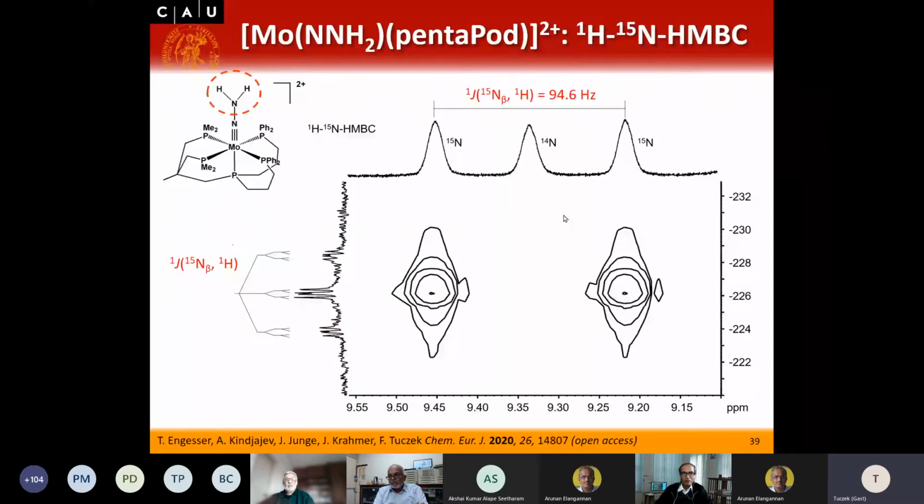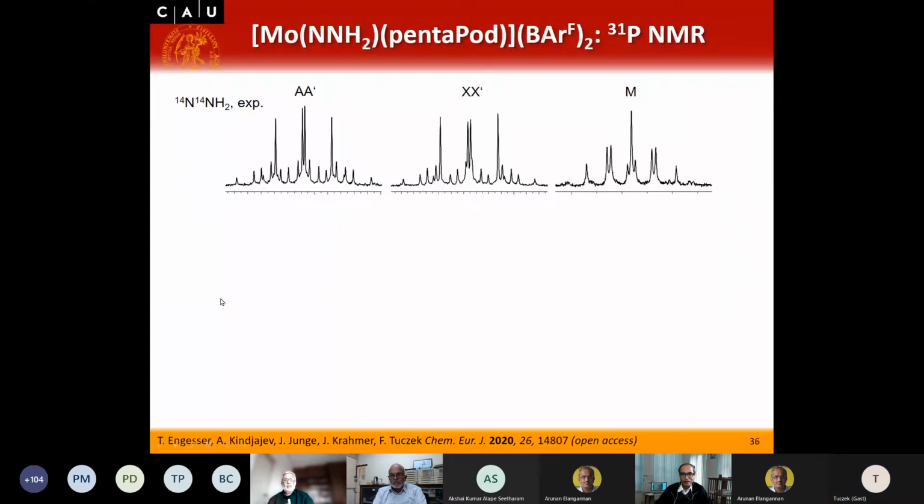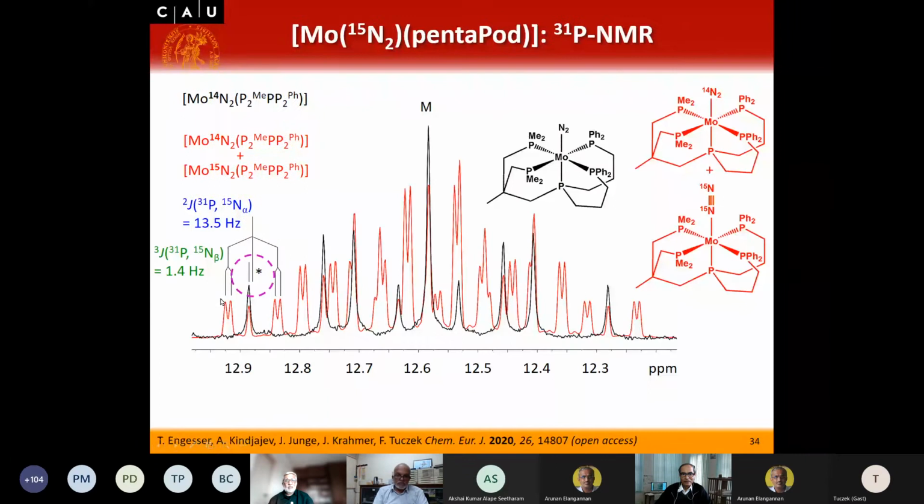Yes, before and after adding the hydrogens. Yes, exactly. The molybdenum-nitrogen bond is not symmetric, but how asymmetric is it in terms of any other parameter other than the split of the spectra?